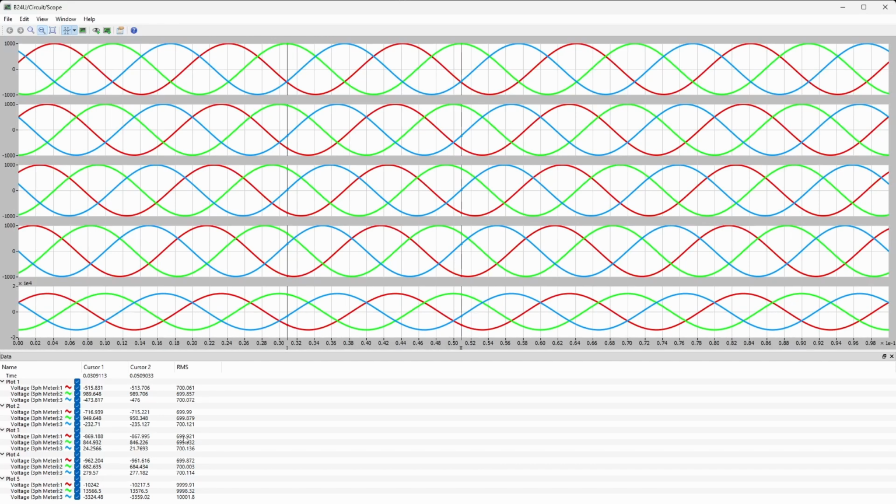See, all first 4 are 700 volts. And the last window is for the high voltage side of the transformer, representing 10 kilovolts. And the corresponding phase shifts are also noticeable. You see here and here, the phase shifts are implemented accordingly, 15, minus 15, minus 30, and so forth.